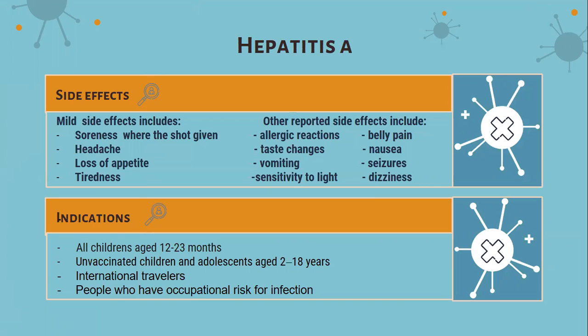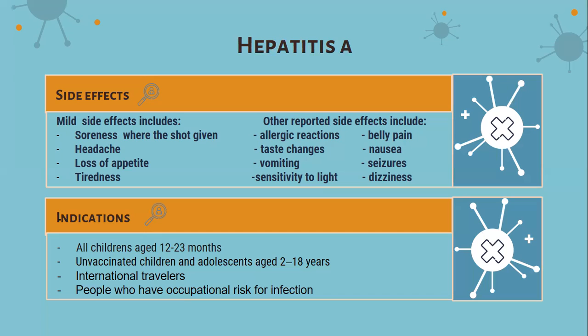Next is loss of appetite, wala ka nang gana magkain, and also tiredness, ang pagod. The other reported side effects include allergic reaction after taking the shots, taste changes, vomiting, sensitivity to light, belly pain, nausea, seizures, and dizziness.